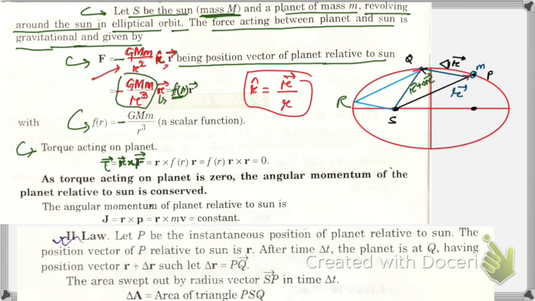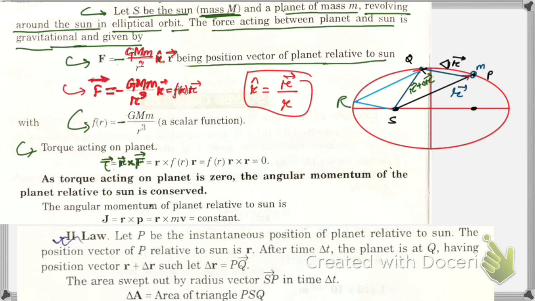From this relation we have got force F vector, which is minus capital G capital M small m by r cube, and this is vector r. So this is equal to function of r into vector r, right? This is f of r, a function of r, with r vector.